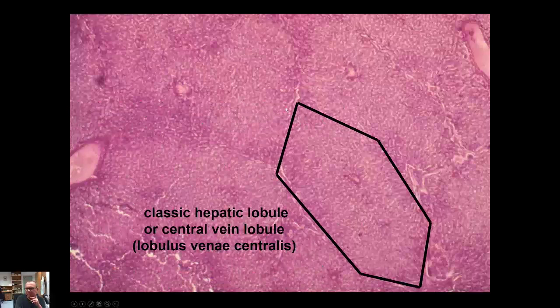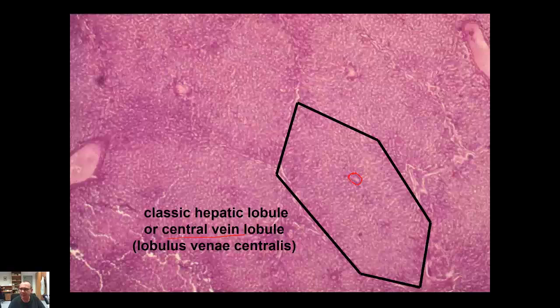Yes, here these lines are surrounding or showing borders of one hepatic lobule. This lobule can also be called a lobule of central vein, in Latin lobulus venae centralis. So there must be a central vein in the center. Here I can see a central vein.